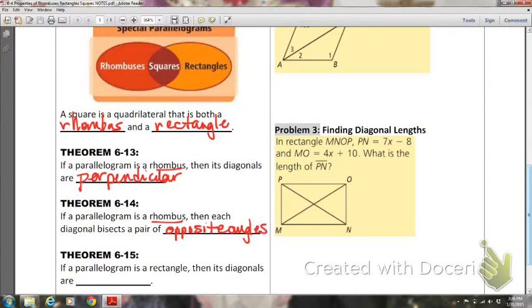So those are two additional properties of a rhombus. The last theorem says that if a parallelogram is a rectangle, then its diagonals are congruent. So that is an additional property of a rectangle. So let's use these over in the exercises.